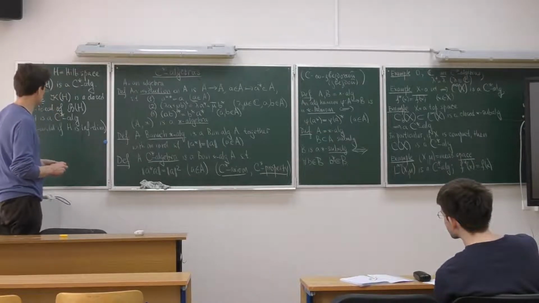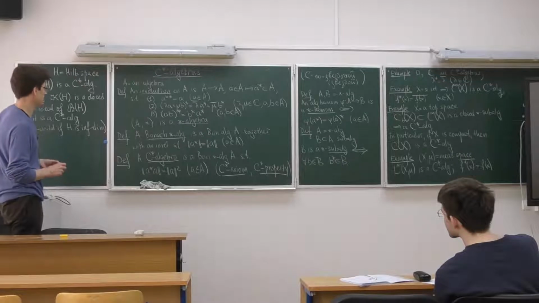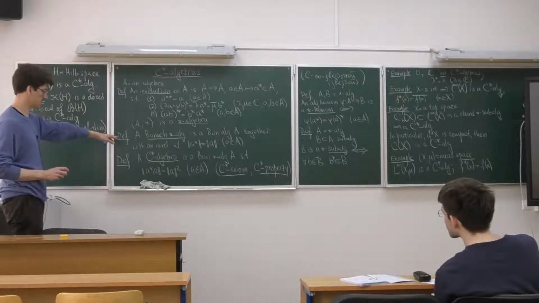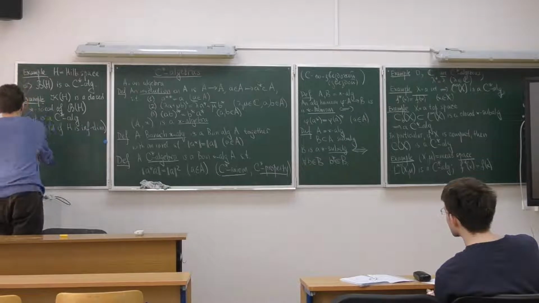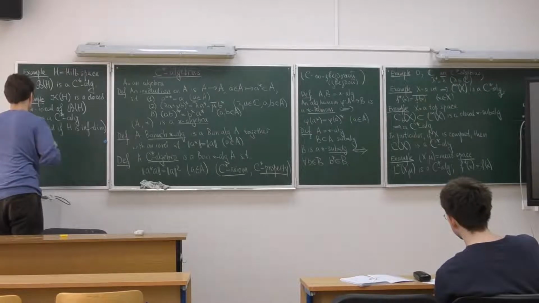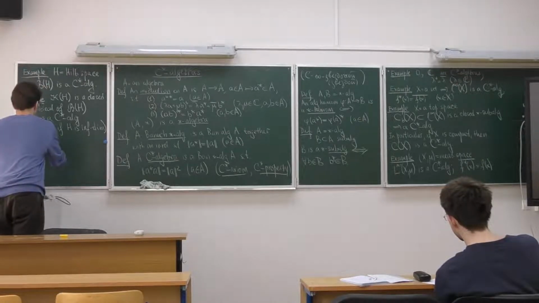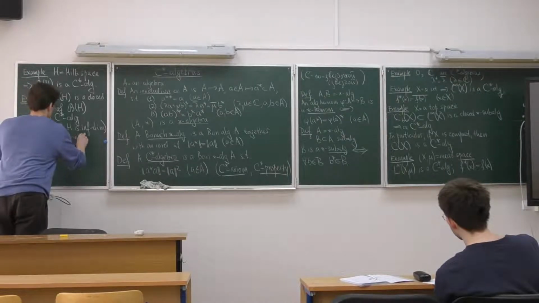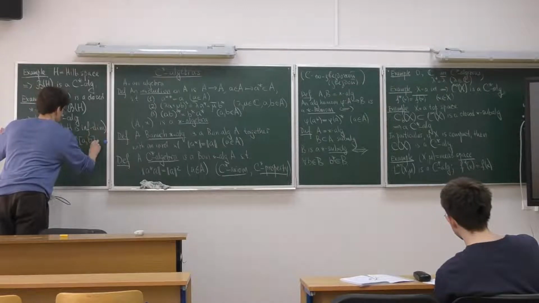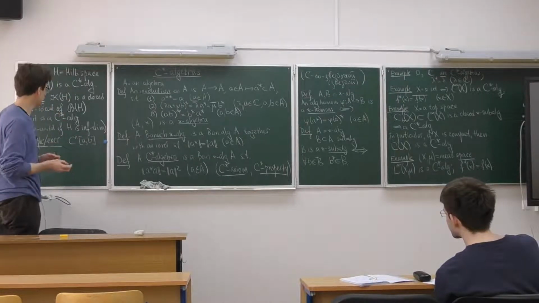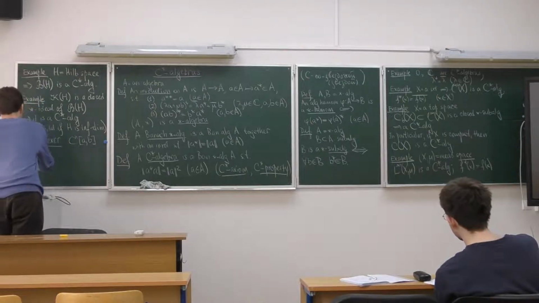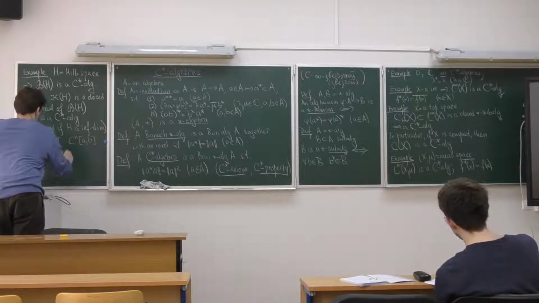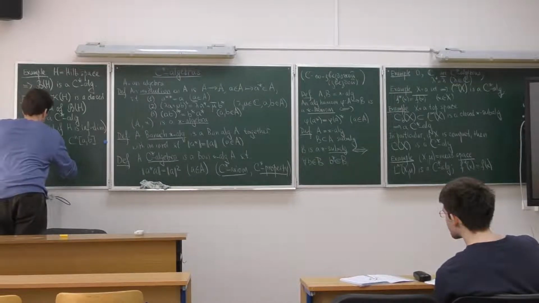Okay, let's also give a kind of non-example, an example of a Banach star algebra which is not a C-star algebra. In fact, there are many such examples. Let's give only one of them. Well, an example and a little exercise at the same time. Let's look at the algebra C^n of [a,b] of n times continuously differentiable functions on the closed interval of the real line. We know that this is a Banach algebra with respect to the following norm.